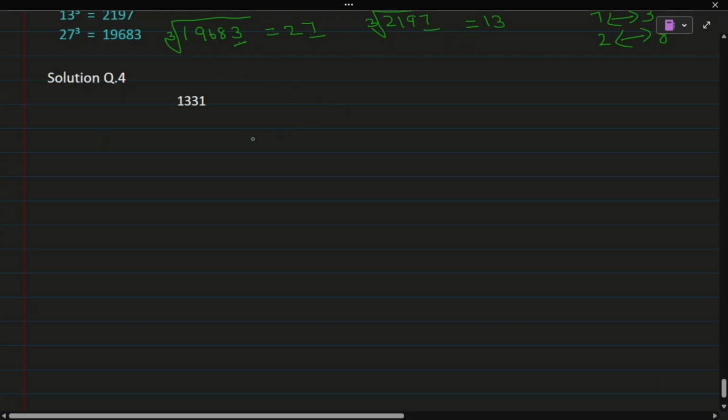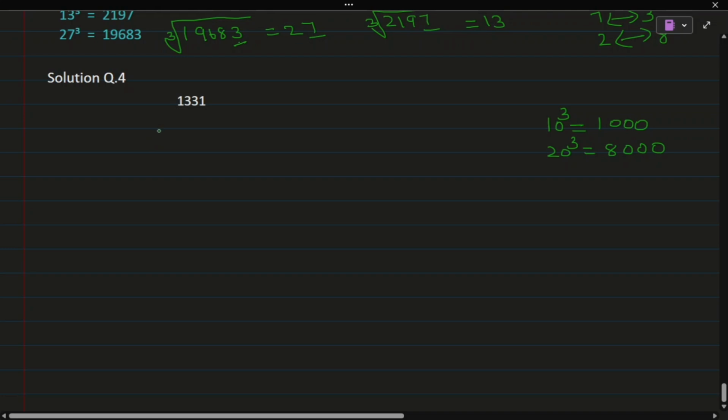So here this number 1331 is coming between 10 cube and 20 cube. 10 cube is 1000, and 20 cube is 20 into 20 into 20, that means 8000. So this number is coming between 10 cube and 20 cube.